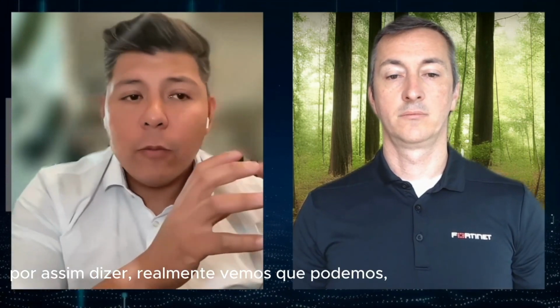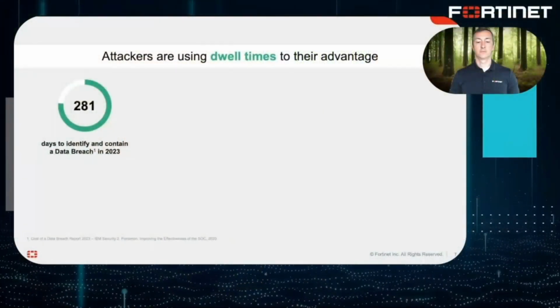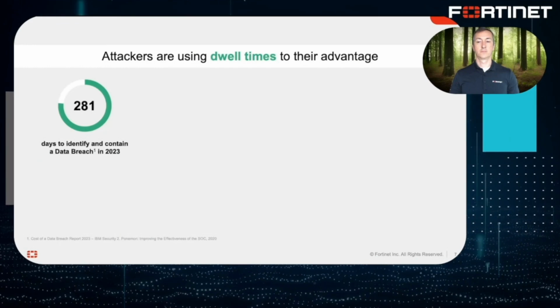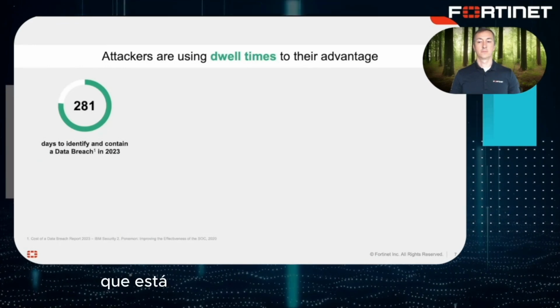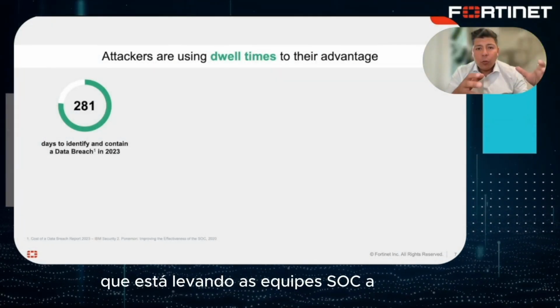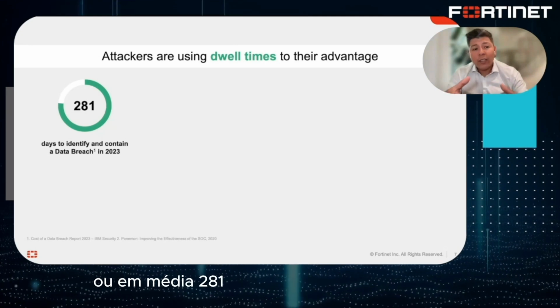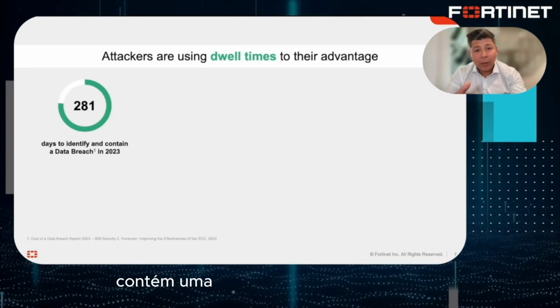Yeah, that's great. And when we take a look at some of the statistics on how those attackers are living off the land, so to speak, we see that it's taking SOC teams on average 281 days to identify and contain a data breach.